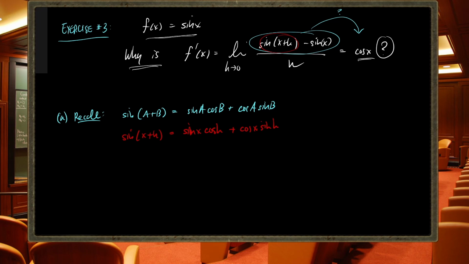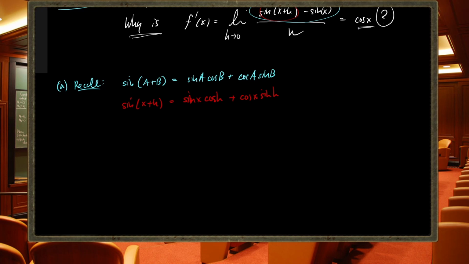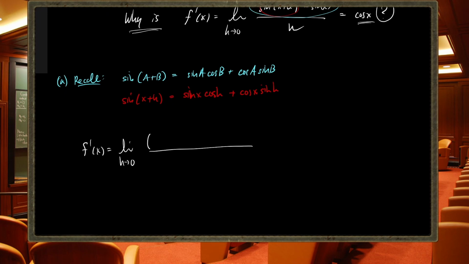Gearing up for the next part, which is then to represent the top of this difference quotient, which is the limit as h goes to 0 of, well, this sine of x plus h is this part we just found.